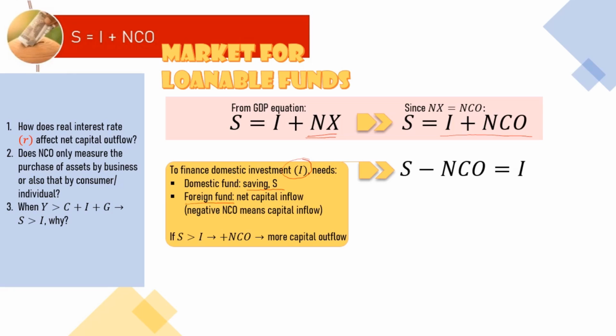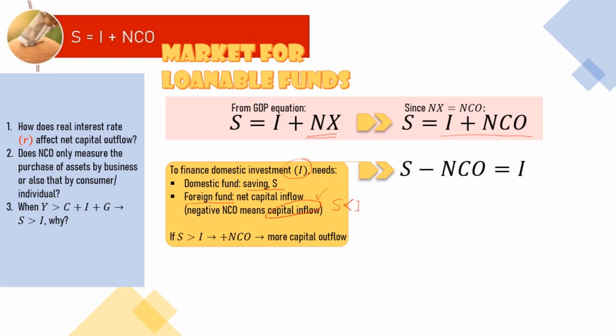When they use foreign funds, funds are flowing into our economy. There is capital inflow. The negative sign of the net capital outflow indicates the opposite of net capital outflow, the net capital inflow. This situation occurs when saving is less than investment, or domestic funds are not enough to finance investment.